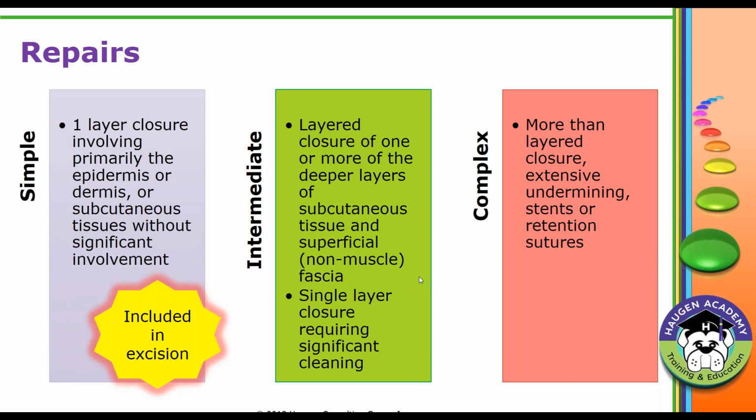If it's intermediate, you're going to look for layered closure, and that's going to be deeper. So it could be fascia. Intermediate also includes single layer if it requires significant cleaning. That's probably not going to be the case in lesion removal. That's more for wounds. And then complex is more than a layered closure.